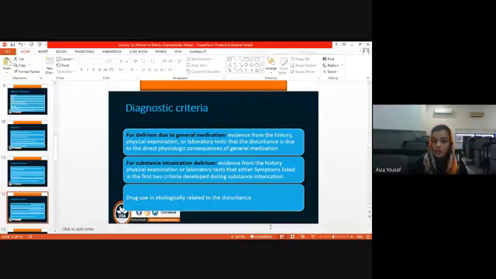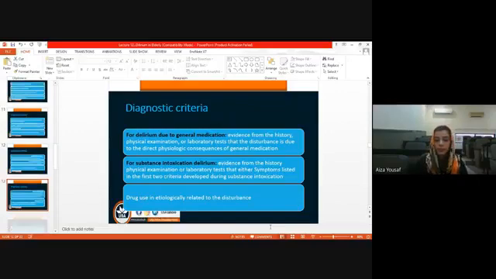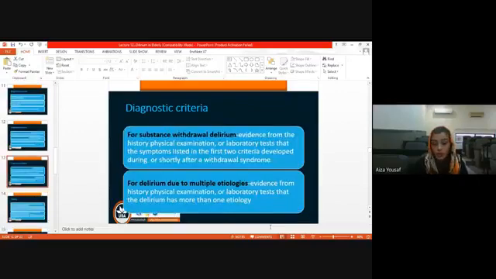For substance intoxication delirium, alcohol or antipsychotics or sleep-inducing medications all may cause delirium. So, delirium may occur when substance withdrawal is done. That's why we call it substance withdrawal delirium.